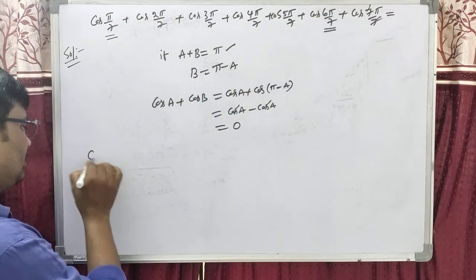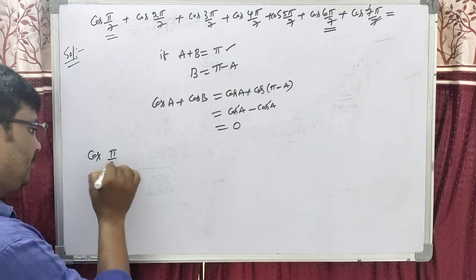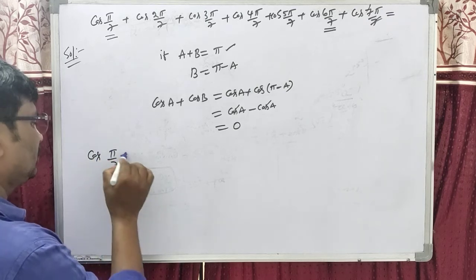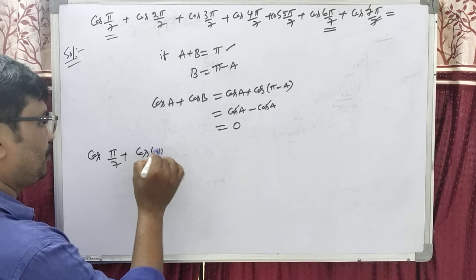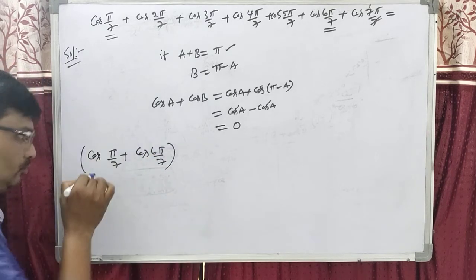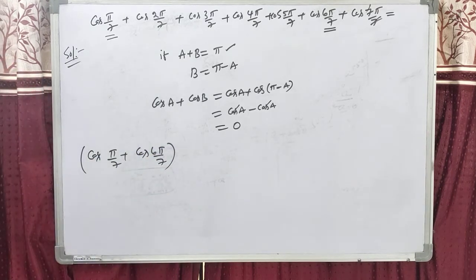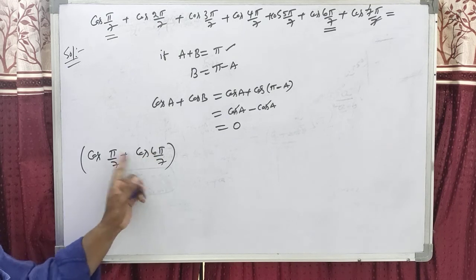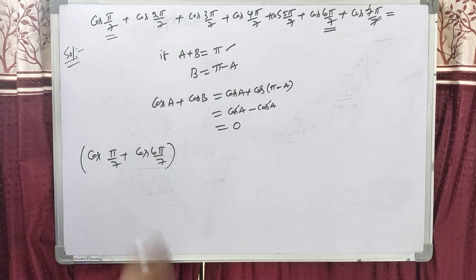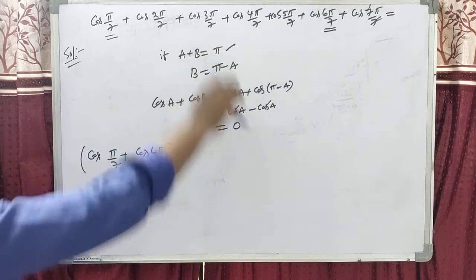So, dear students, we can write cos of pi by 7 and cos of 6 pi by 7. Here this is a and this is b. The sum of these two angles, 7 pi by 7, is pi.